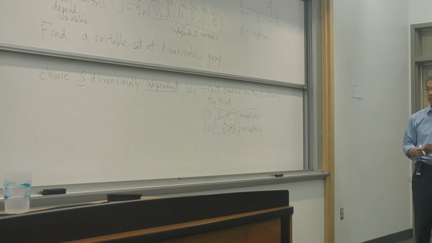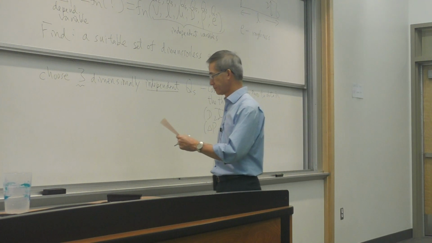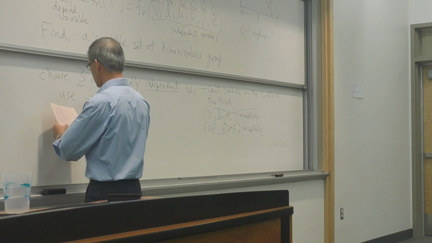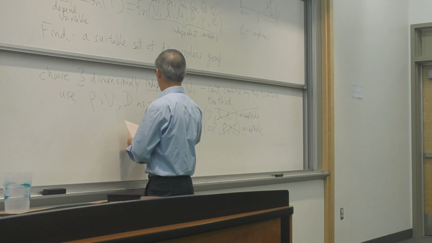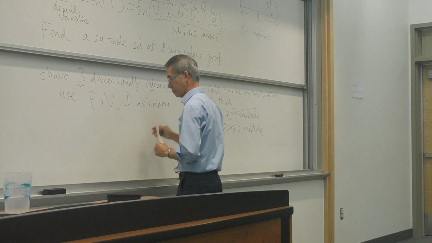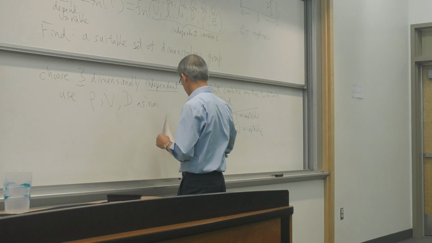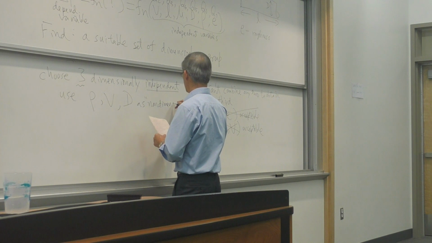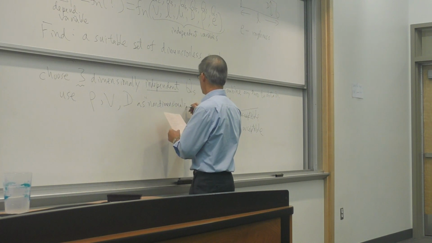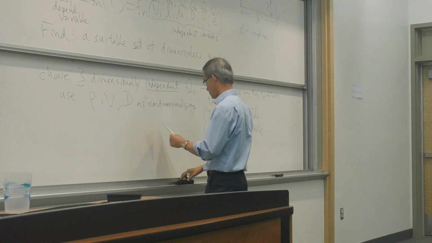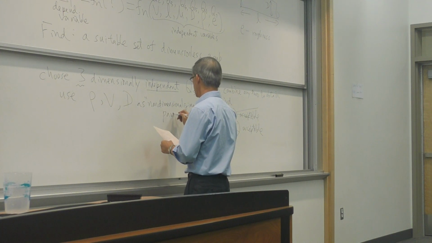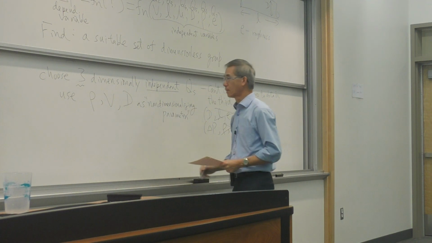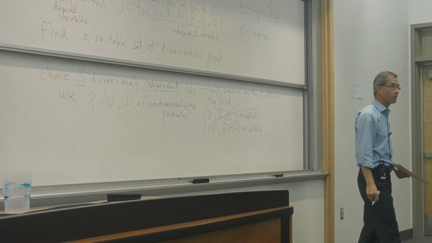This is a little hard to understand, but the choice we will make to proceed further on the right-hand side are density, velocity, and the diameter.